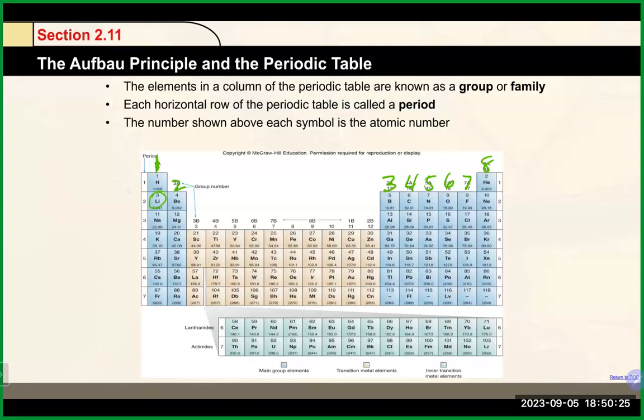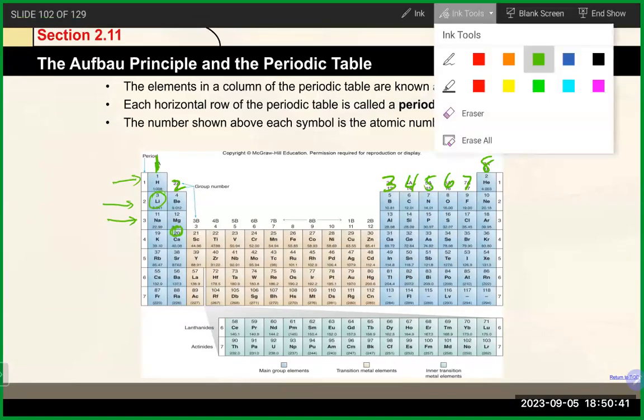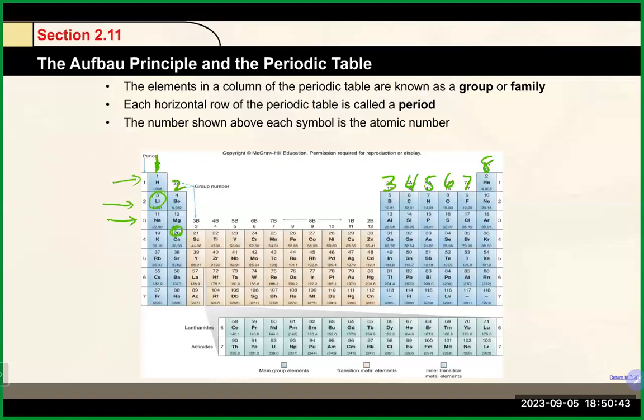Periods, as we talked about, there are 7 periods which go left to right on the periodic table. We talked about it previously, but the number above the symbol on the periodic table is the atomic number, which is the number of protons that each atom has. And every element has its own atomic number, its own number of protons, so if you know the protons, the atomic number, you should know what element you're talking about.